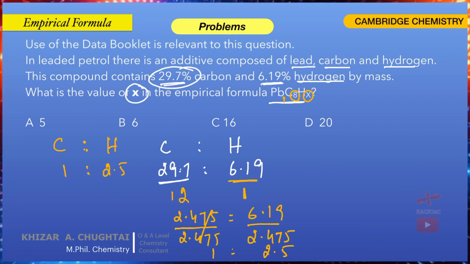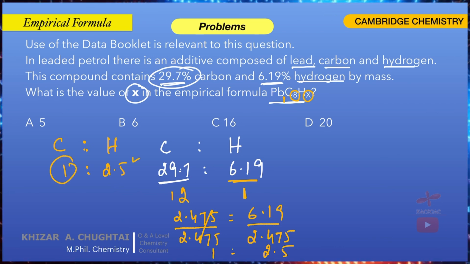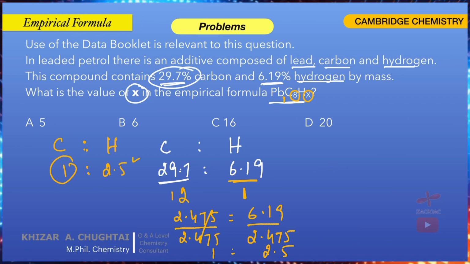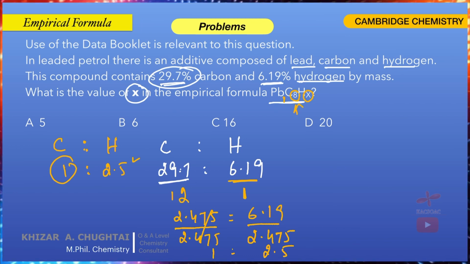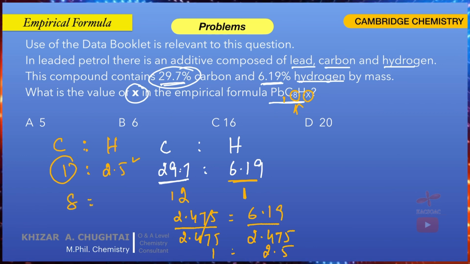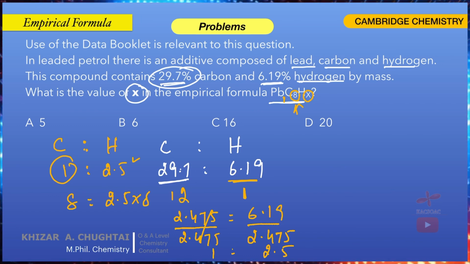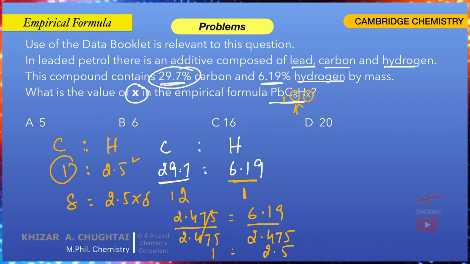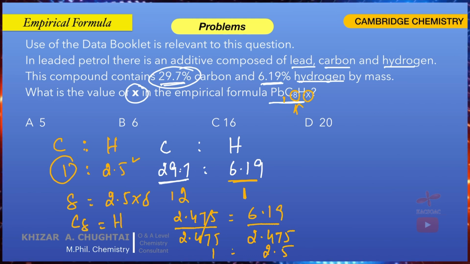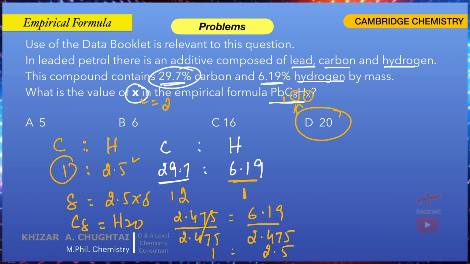If carbon is equal to 1, then hydrogen is equal to 2.5, but we are entitled to make the answer with respect to 8 carbons. So if the carbon is equal to 8, then hydrogen will be 2.5 into 8. So the answer is 20. C8 and H20. So D is the correct option. This X is equal to 20.